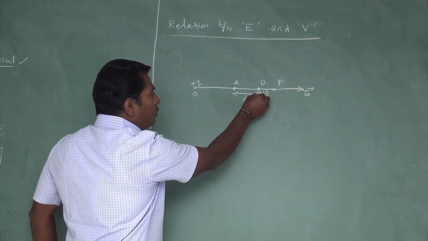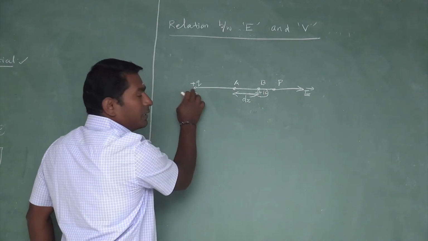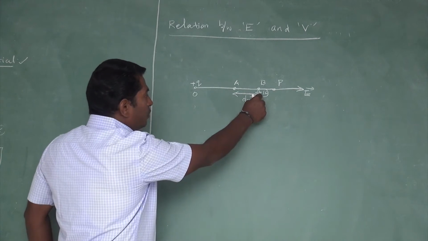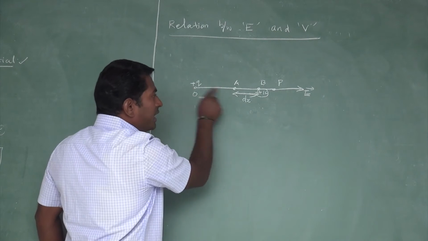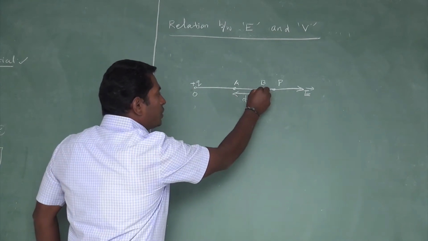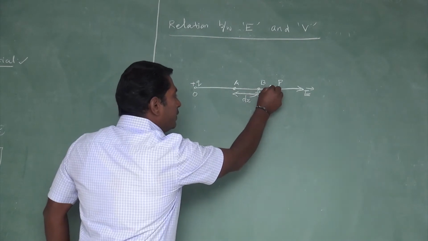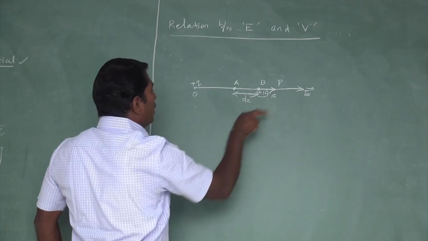This unit positive charge experiences an electrostatic repulsive force due to the source charge, because the source charge is also positive. This positive charge exerts a repulsive force on the unit positive charge, along the direction of the electric field.